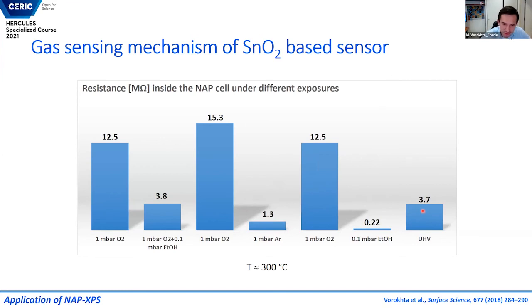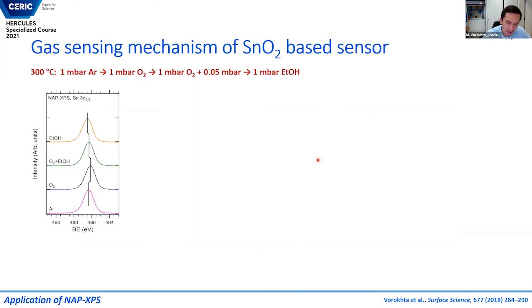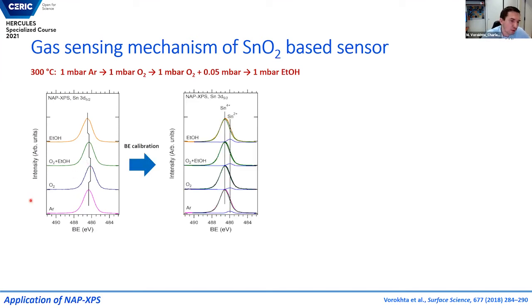It was done at 300 degrees C, and at each of these exposures we were doing NAP XPS studies of the surface. We were following the tin peaks, which are used to explain the chemical composition of the tin oxide. It was found that it doesn't matter to which mixture we were exposing, tin was not changing much.